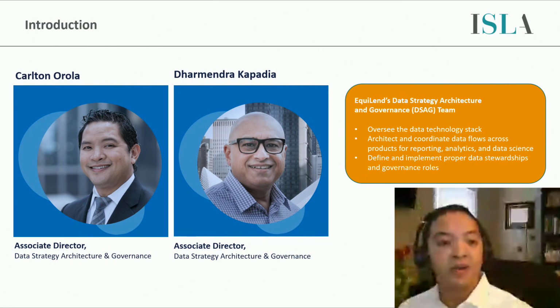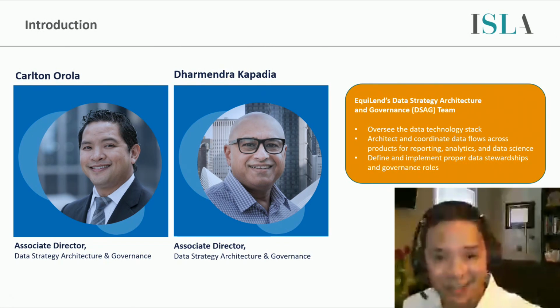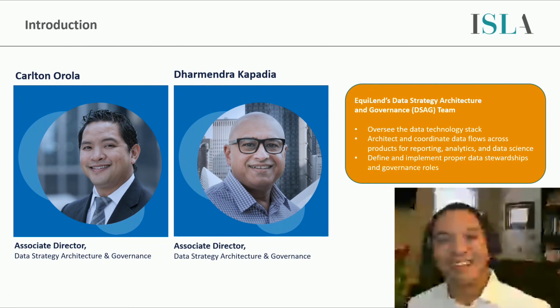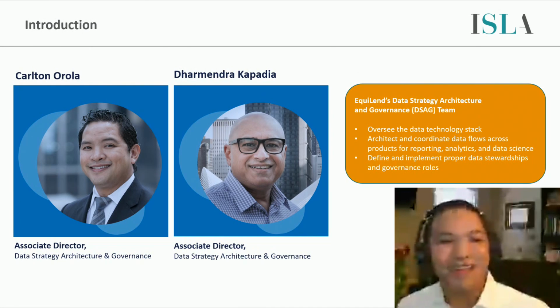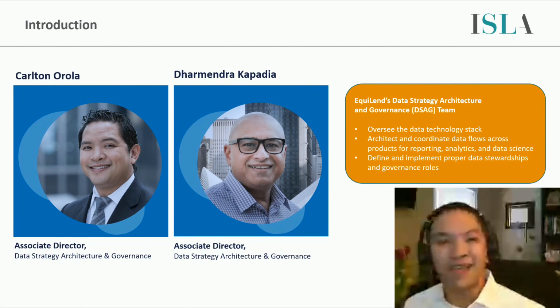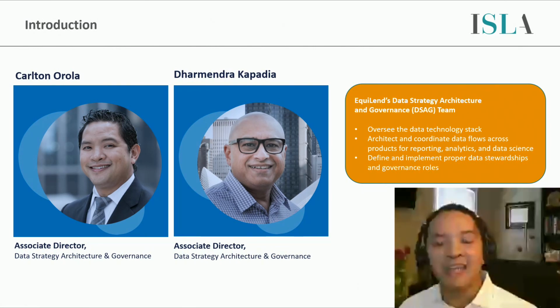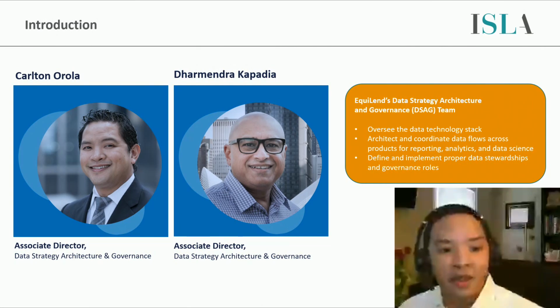A little bit about our group. Dharm and I are associate directors at EquiLend. We're part of a team called Data Strategy, Architecture, and Governance. A little bit of a long name, but it definitely helps to accurately describe the uniqueness of our group. We work to define and evolve the processes and technologies that we use internally to house, organize and handle the data within EquiLend.